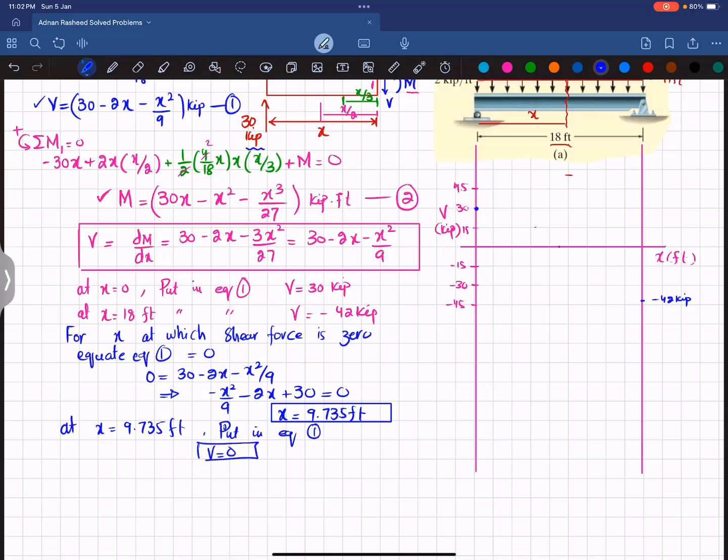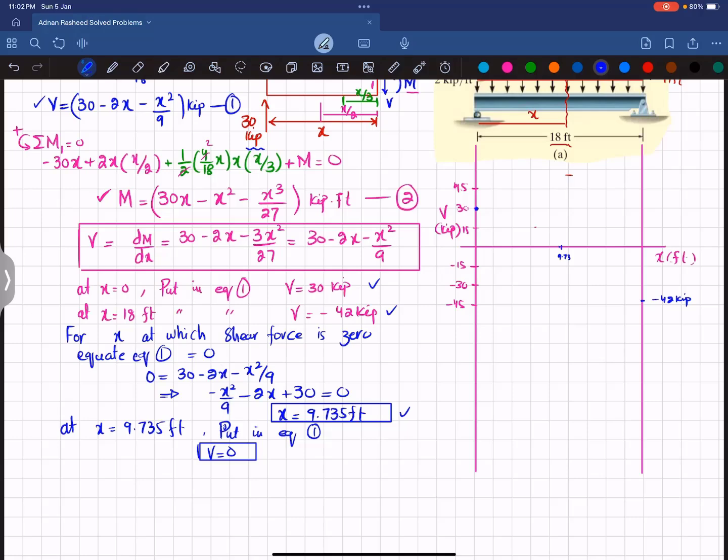Now by using these three points, we will draw the shear force diagram. V is equal to 0 at 9.735.